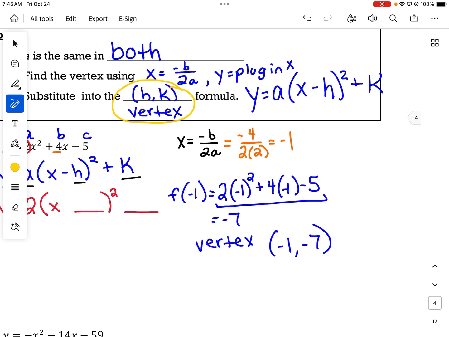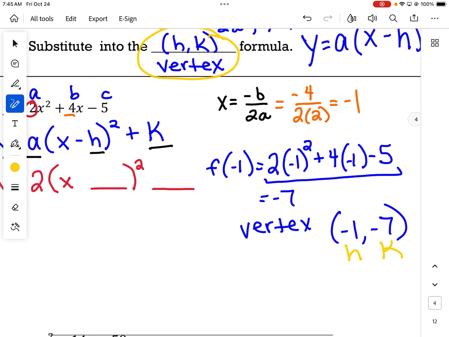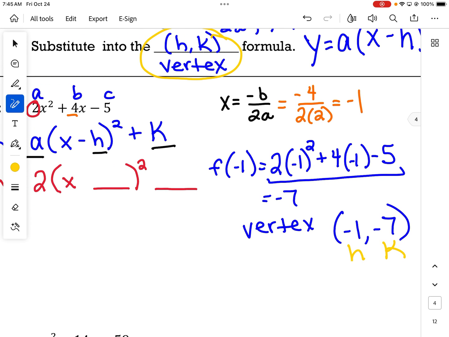So remember this up here? h, k is your vertex. So this is h, this is k. I'm going to plug that into my equation. y equals 2 parentheses x. It says h is -1, but whenever I plug it in, I always do the opposite.